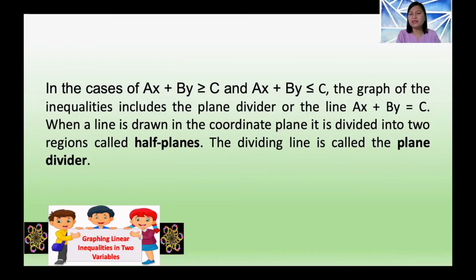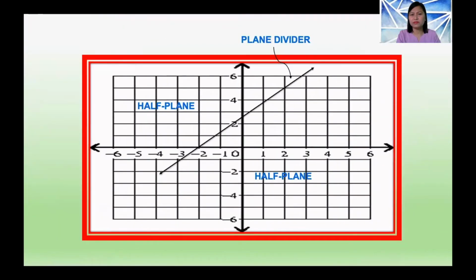The dividing line is called the plane divider. So this is the plane divider. It is either a dashed line or a solid line. It divides the coordinate plane into two regions called half-planes.